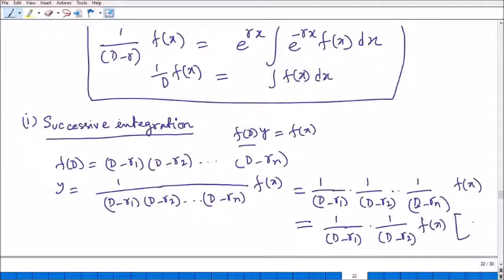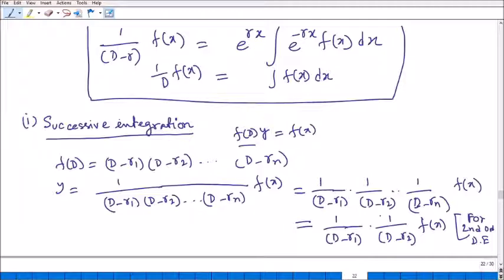Here the function is integrated successively, first by one operator and then by the other.